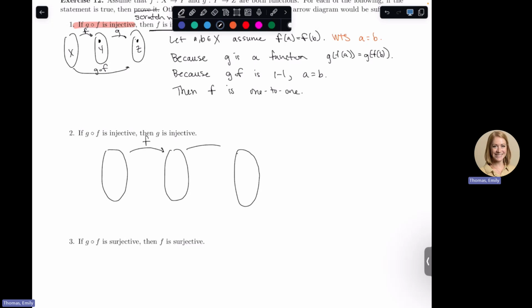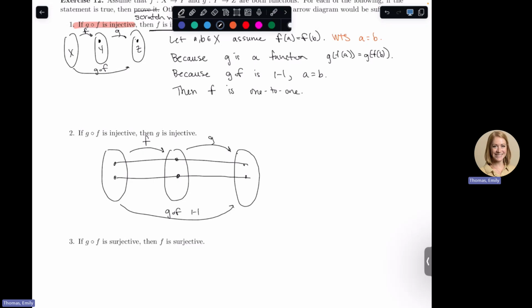This is f. This is g. This thing, g of f, is 1 to 1. So, I mean, think about this. You have this sort of thing happening. They have stopped in the middle somewhere, right?